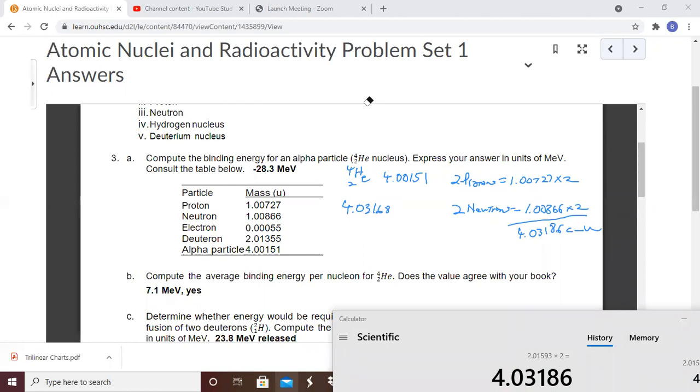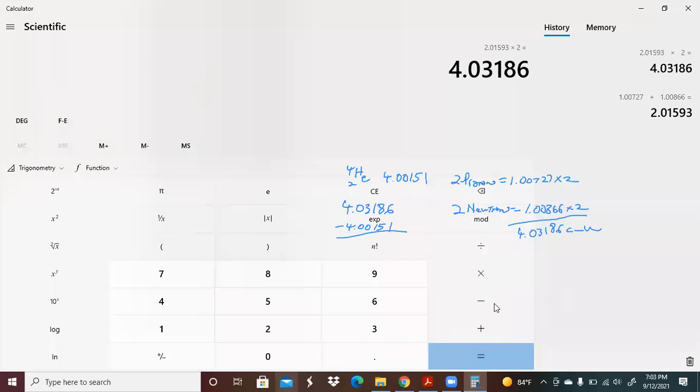Let's try this. That's 4.00151. Minus, yeah, I got too many windows going on here.